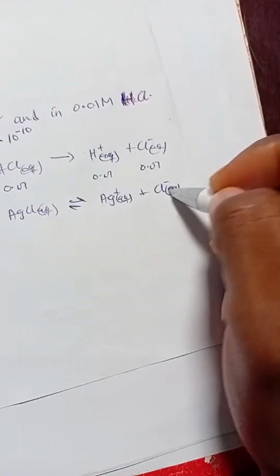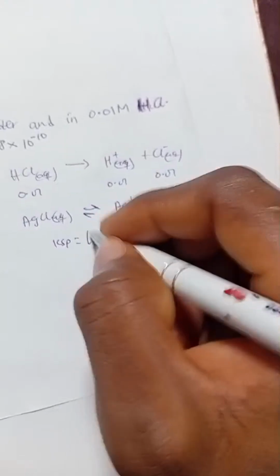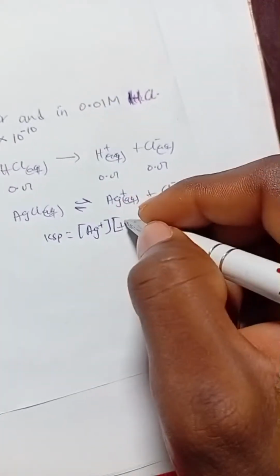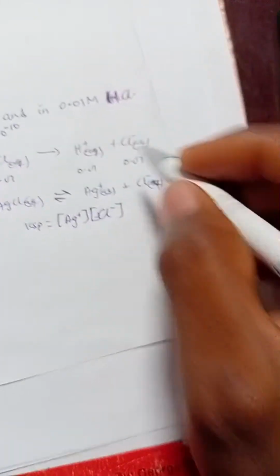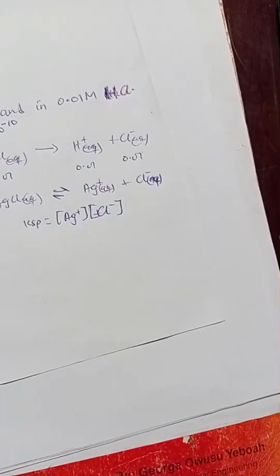The equations are balanced. Okay. Now, if we check, we know that our KSP will be equal to the concentration of Ag plus multiplying the concentration of Cl minus. But now the concentration of the Cl minus has been increased.